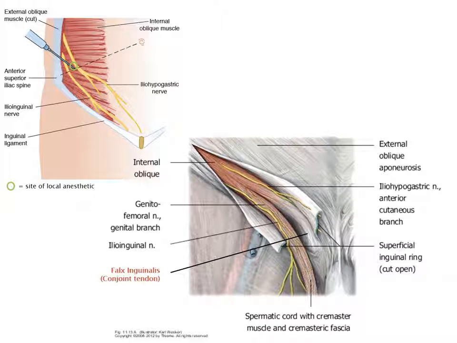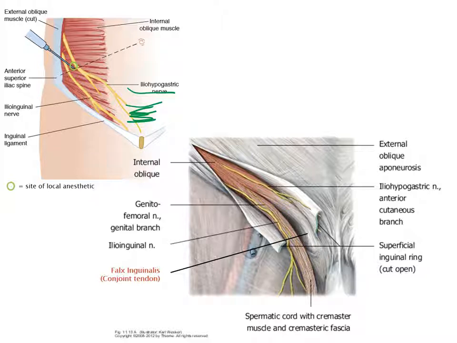The skin in the lower abdomen and the inguinal region is innervated by two nerves, both of which originate from the L1 spinal nerve. The iliohypogastric nerve, shown here, pierces through the external oblique muscle to innervate the skin of the lower abdomen just above the pubis, in this area here.